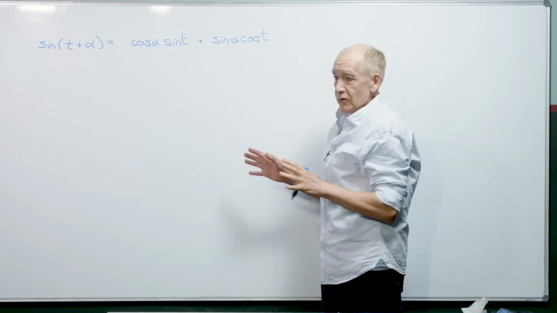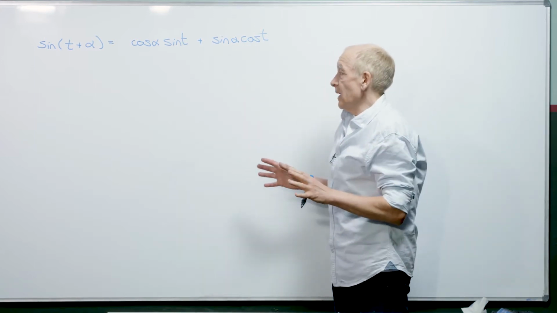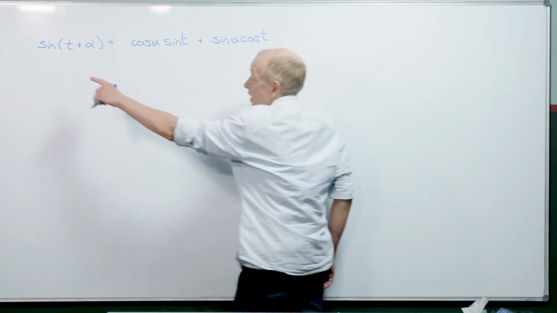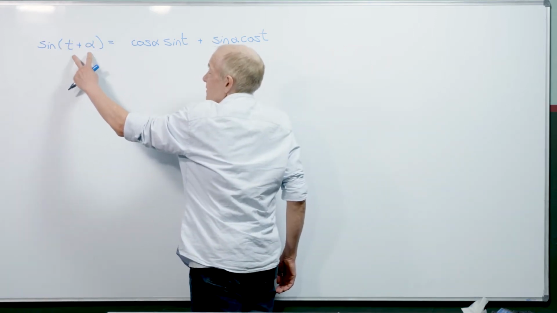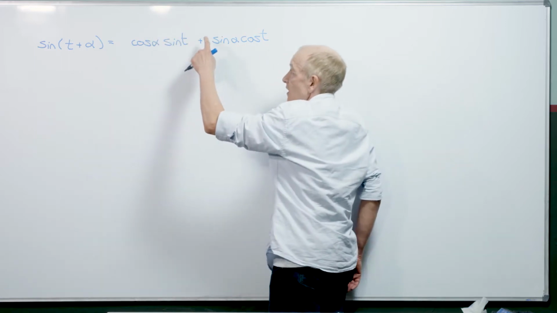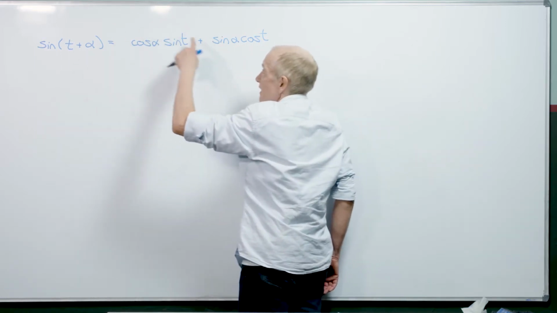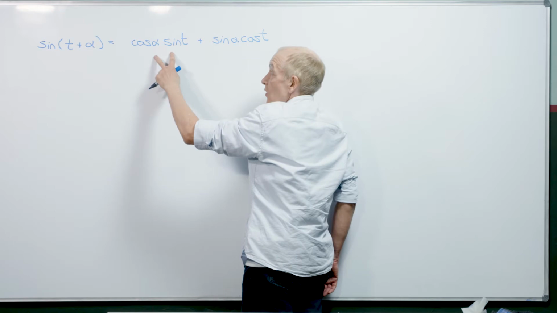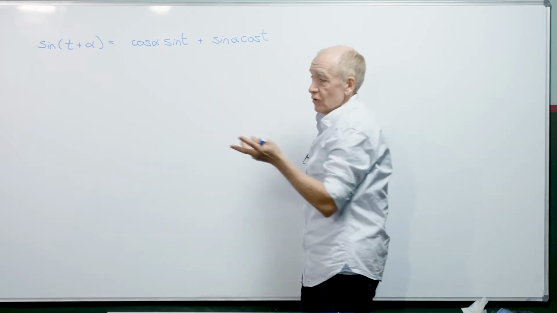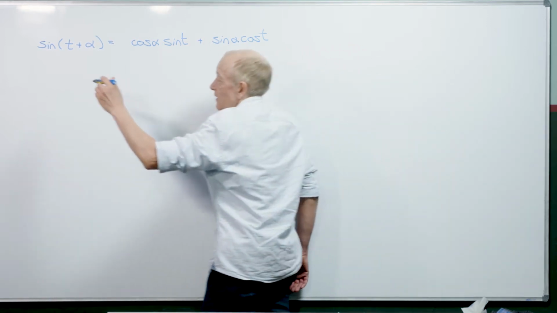So a useful way to remember these formulas is that for the sine of two angles, sine has the same sign, so if it's plus here, it's plus out here, but it's got different functions. So that's a useful way to remember the double angle formula.